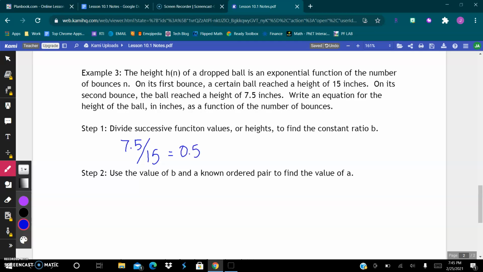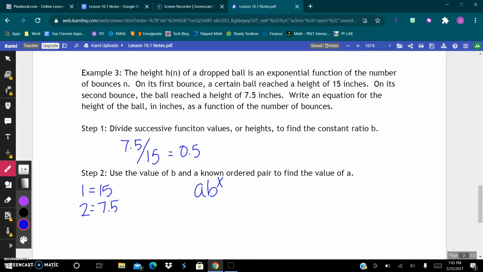Step 2 is to use the value of b and a known ordered pair to find the value of a. Well, what we know is the first bounce is equal to 15, and we know the second bounce is equal to 7.5. So we also know that the exponential function formula is a times b to the x power.